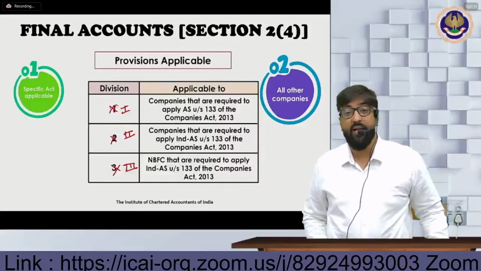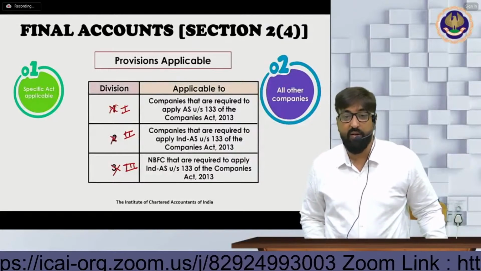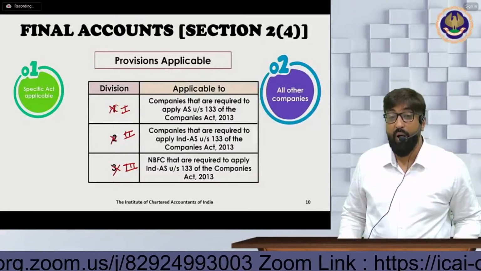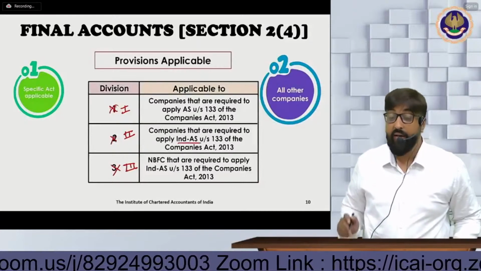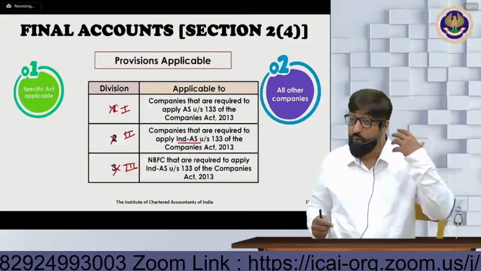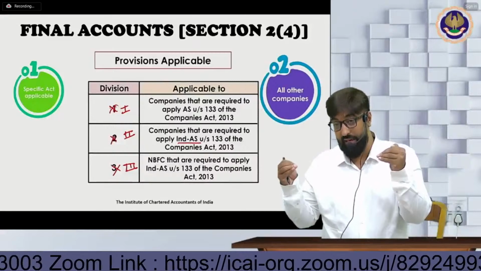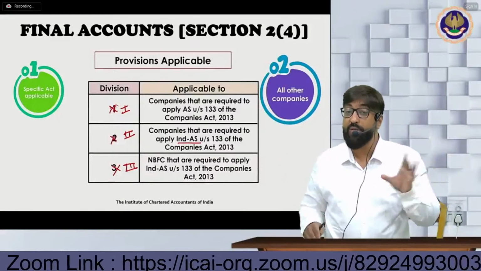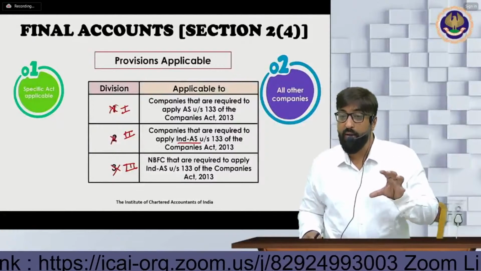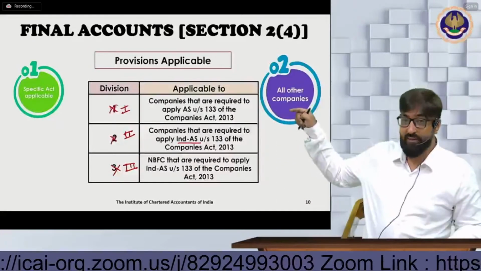So division one is for companies that are required to apply accounting standards under section 133 of the Companies Act 2013. Division two is for companies that are required to apply Ind AS. Now see beta, Ind AS you are going to understand at CA Final level because the pro forma is totally different. In Ind AS, first we have assets and then liabilities and equity. There are some financial instruments. So the pro forma we are going to understand here for the non-Ind AS companies is different.